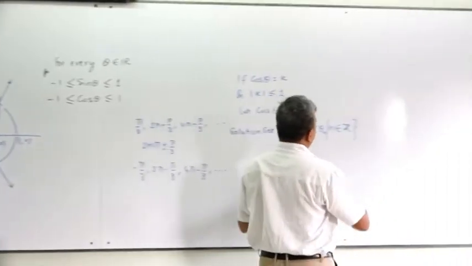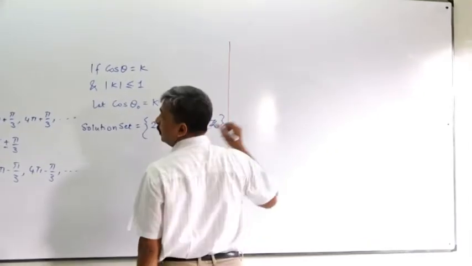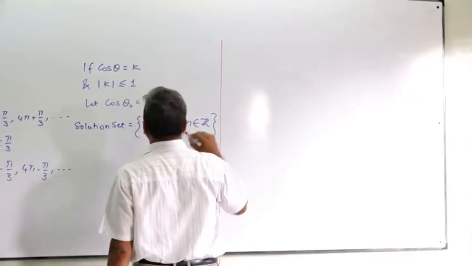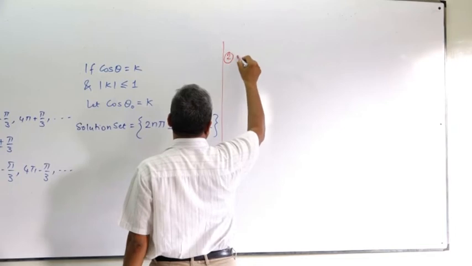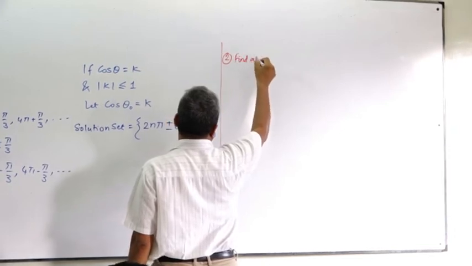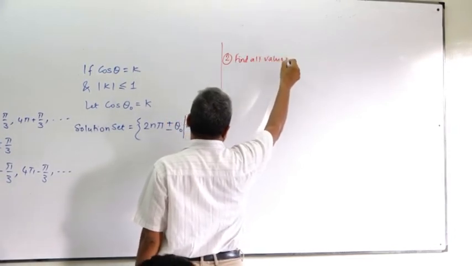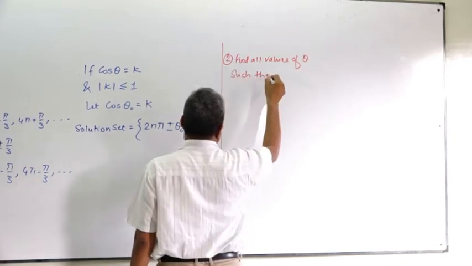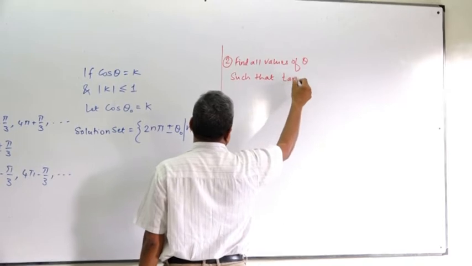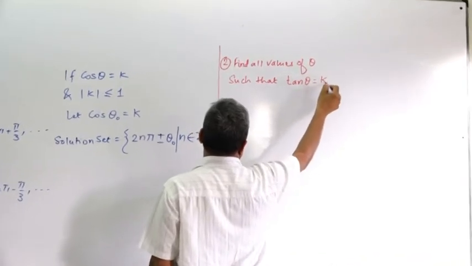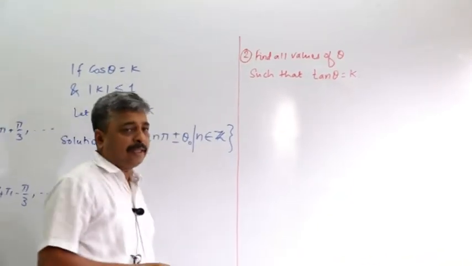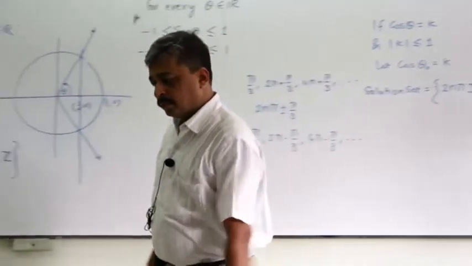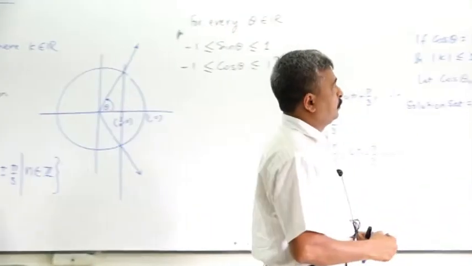Now second, find all values of theta such that tan theta is equal to k, where k is a real number.